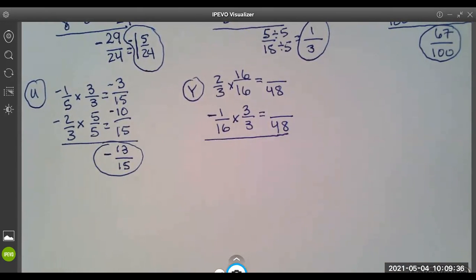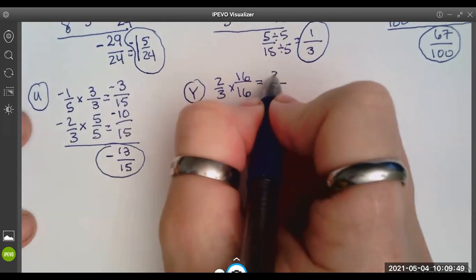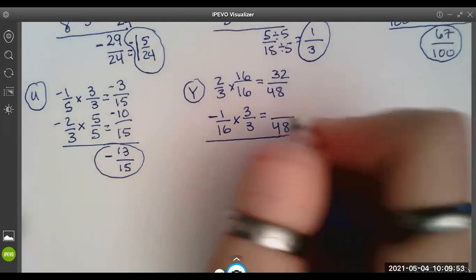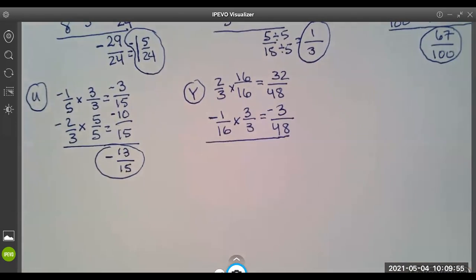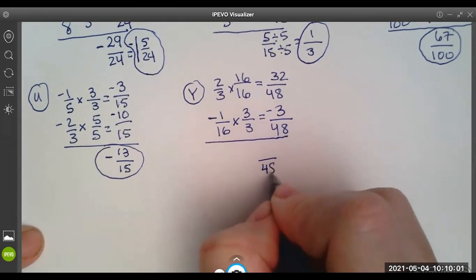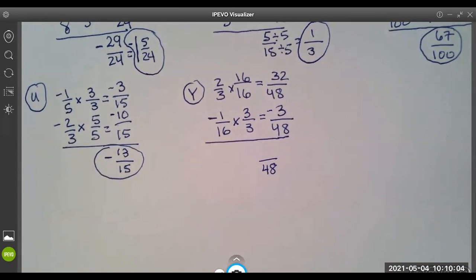What are my two new fractions once we multiply? 32 over 48. Thank you. Pay attention to signs. What's our next one? Negative 3 over 48. Are these the same sign? No. So what are we going to do with these two numbers?